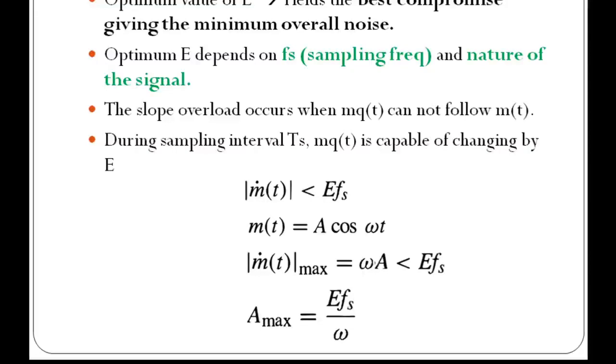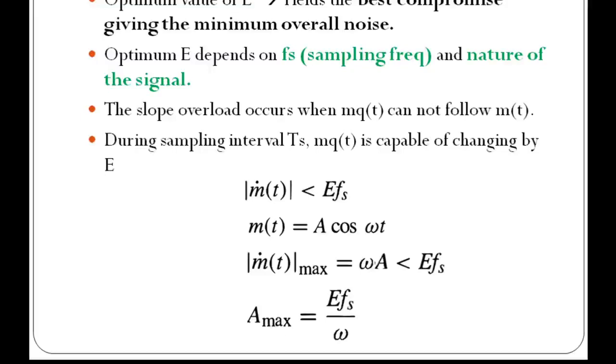It has been shown by a scientist called Jaeger that the maximum amplitude A max for a voice signal can be calculated by a reference frequency of 800 Hz. So instead of this omega we will use omega r for a voice signal, which will be 2 pi into 800.